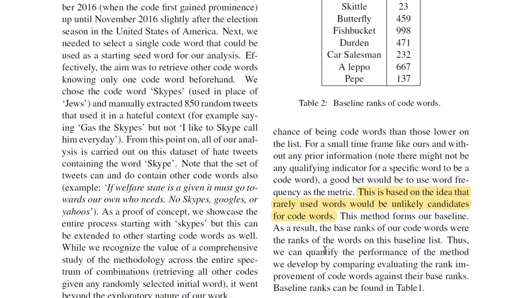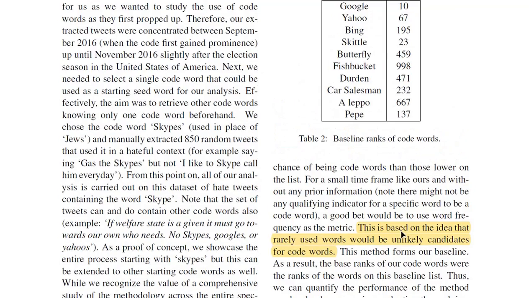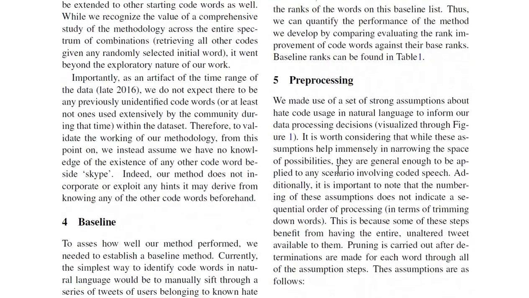This method forms our baseline. As a result, the base ranks of our code words were the ranks of the words on this baseline list. Thus, we can quantify the performance of the method we develop by evaluating the rank improvement of code words against the base ranks. The base rank is just the frequency of words. So you can see this is the baseline frequency in their dataset.